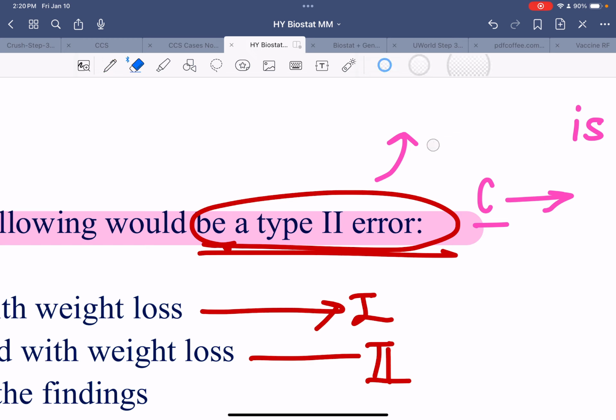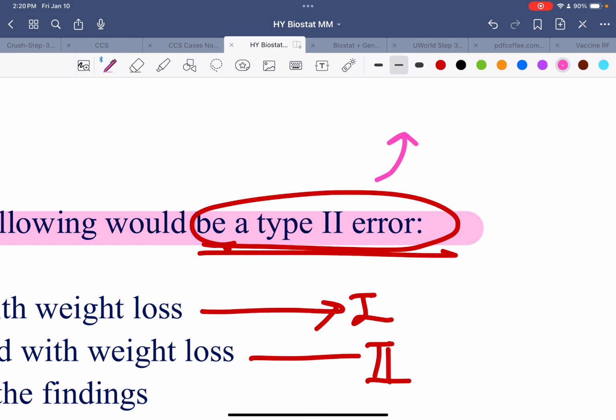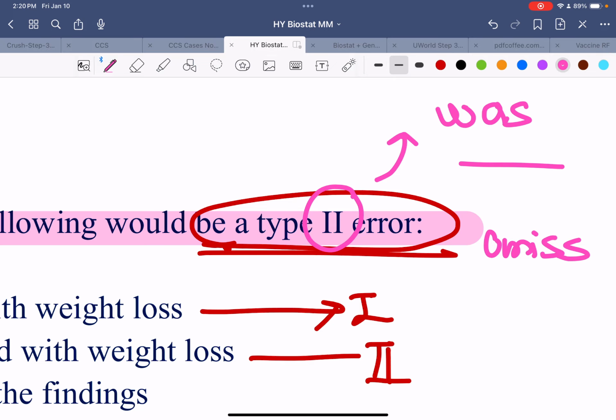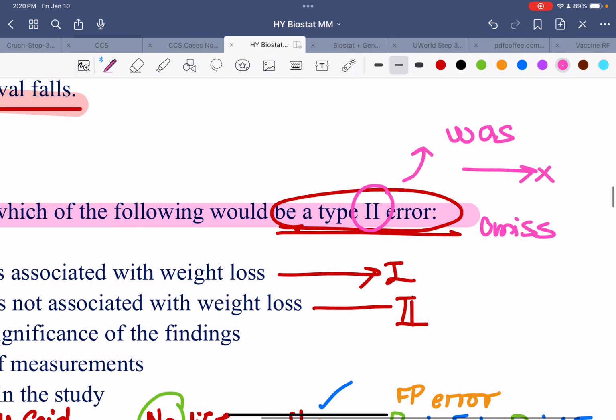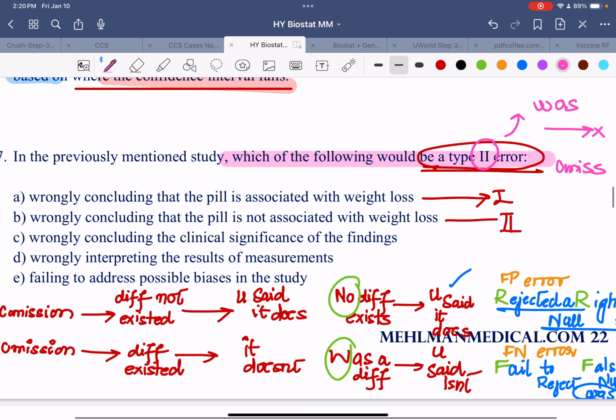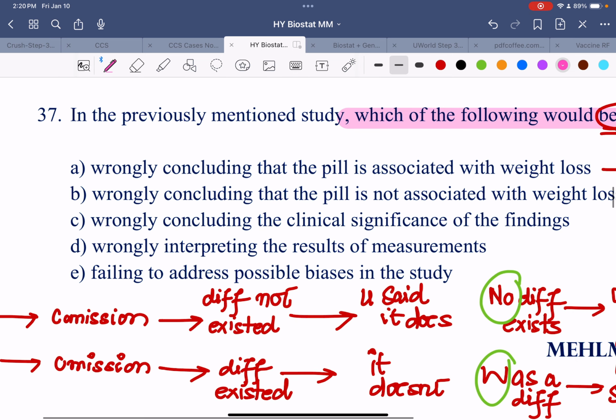Sorry, I'm saying this for the type 1 errors. No, that's incorrect. They say that is a type 2 error. Therefore, this is an error of omission, or there was an association and you said that there isn't an association, right? So from these examples, which one would be a type 1 error? Let's see. And which one would be a type 2 error?